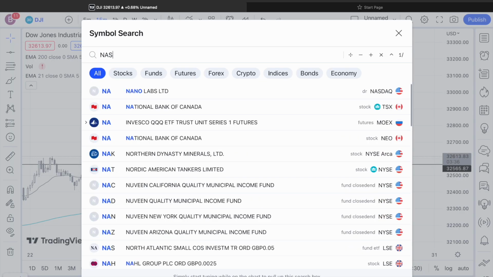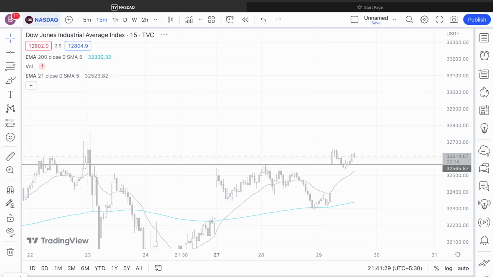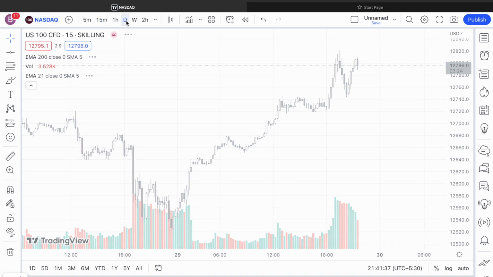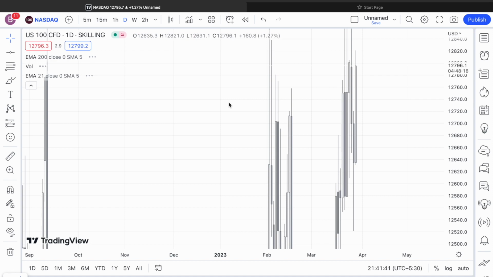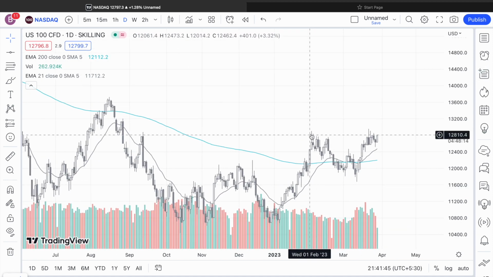If I open the chart of Nasdaq, Nasdaq has also been doing pretty decent for the past few sessions. It is better than the Dow Jones, talking about the short term price action. As you can see, it has recovered from the lows and is trading at a major resistance zone, right? So this is the resistance.